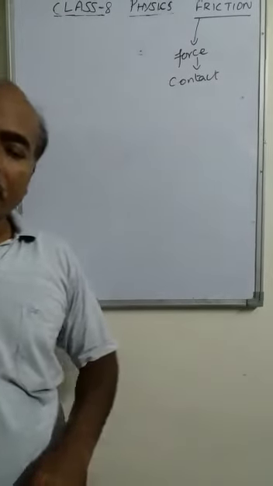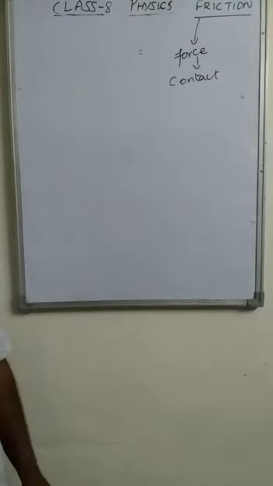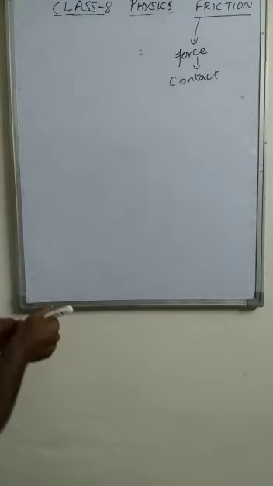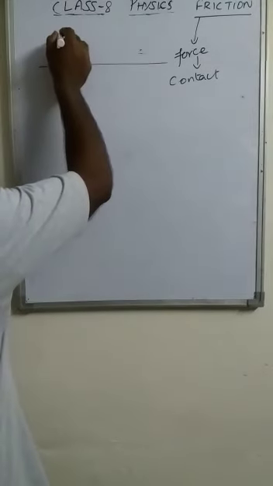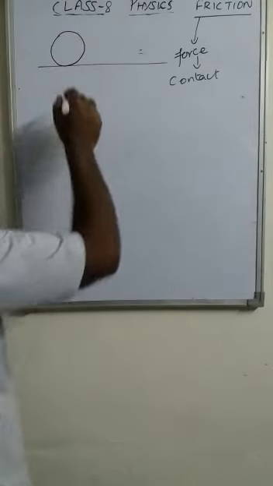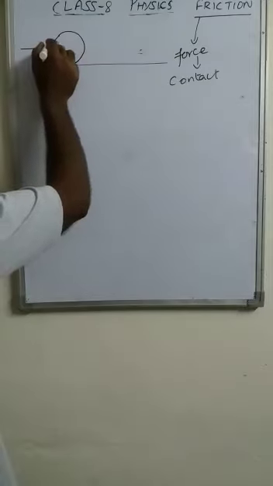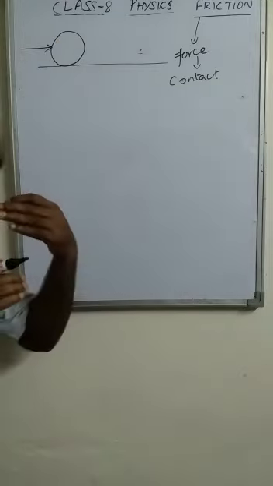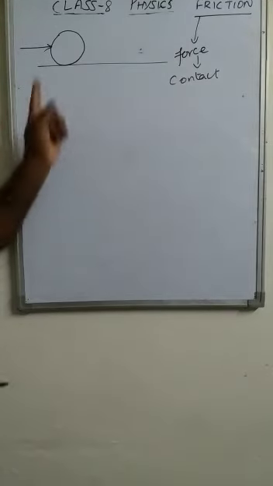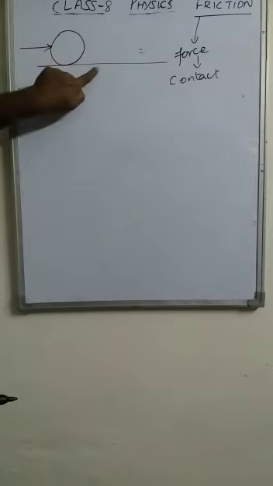That also discussed what frictional force is doing. In one example, I told that on a surface, a ball is placed. When this ball is kicked from this direction, once I kick the ball, it comes in motion. The ball is rolling on the ground.